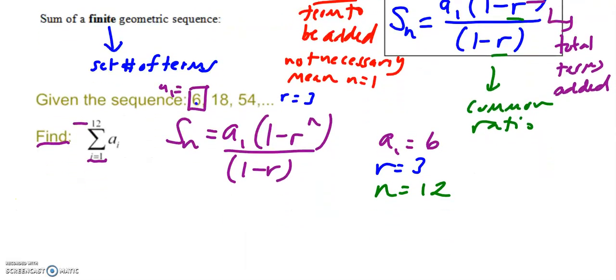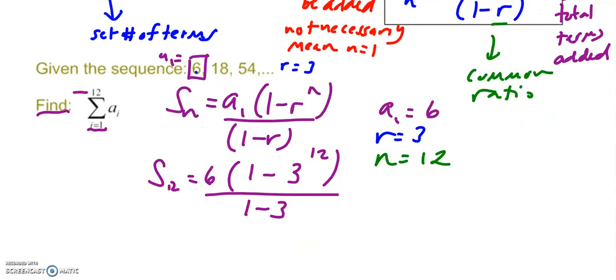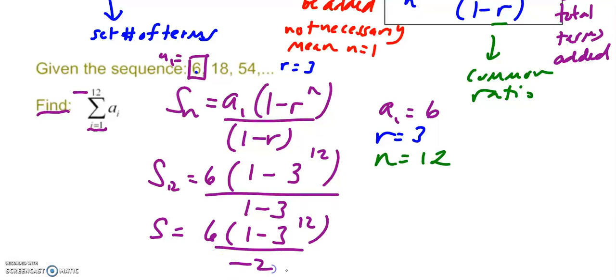So if we plugged everything in, your sum to 12 would be the first term of 6 times 1 minus the common ratio of 3 to the 12th power divided by 1 minus 3. And if we simplified this a little bit more, the sum would be 6 times 1 minus 3 to the 12th divided by negative 2.